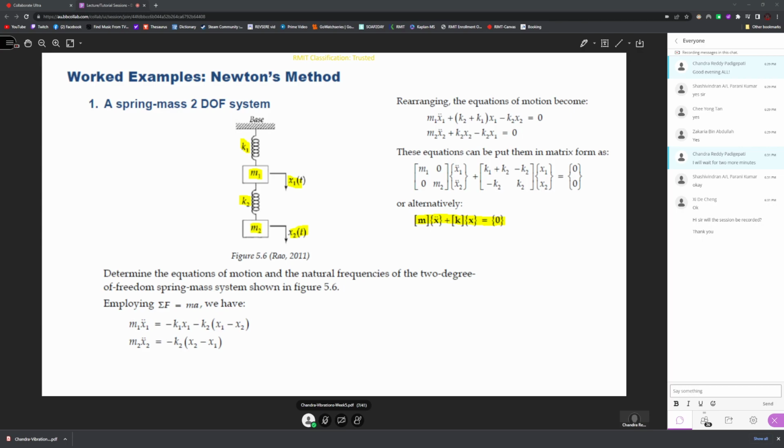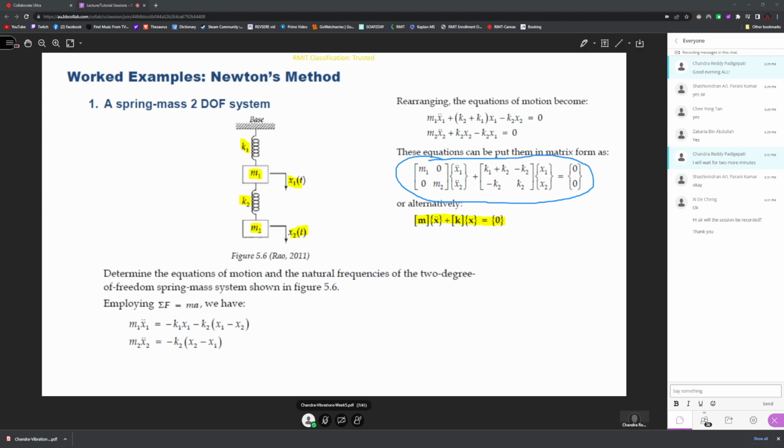Okay, the two stiffness constants K1 and K2, and masses M1 and M2, and there is no external force acting on this system. Okay, so we can write the equations of motion. Then again, you can see that we can write the two equations of motion in matrix multiplication format like this.